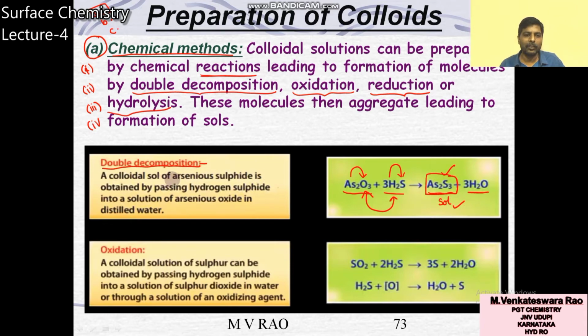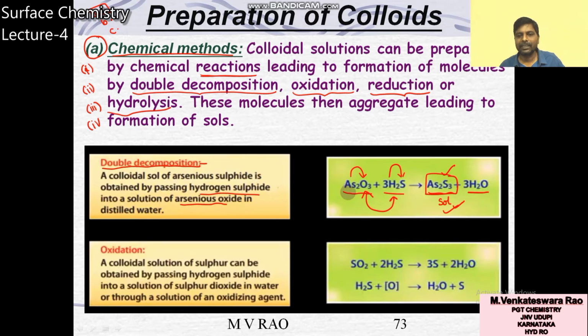A colloidal sol of arsenious sulfide, that means As2S3, is obtained by passing hydrogen sulfide into a solution of arsenious oxide.